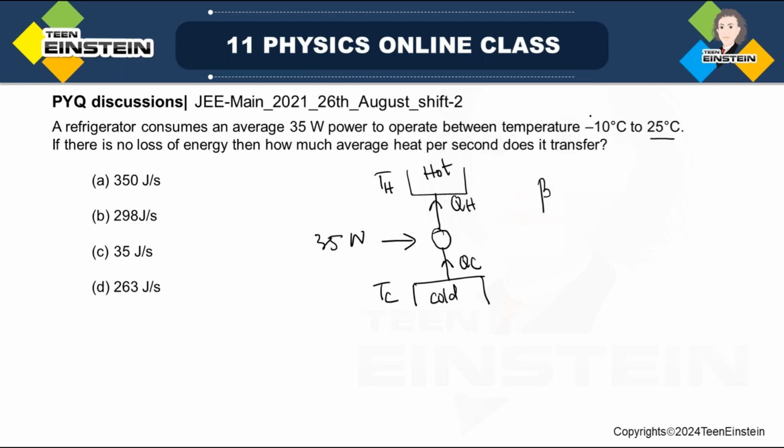How do we write this? It is a little bit different. Suppose in case of a Carnot heat engine, you write work output divided by heat input, like that we write, isn't it? But here it is just opposite.